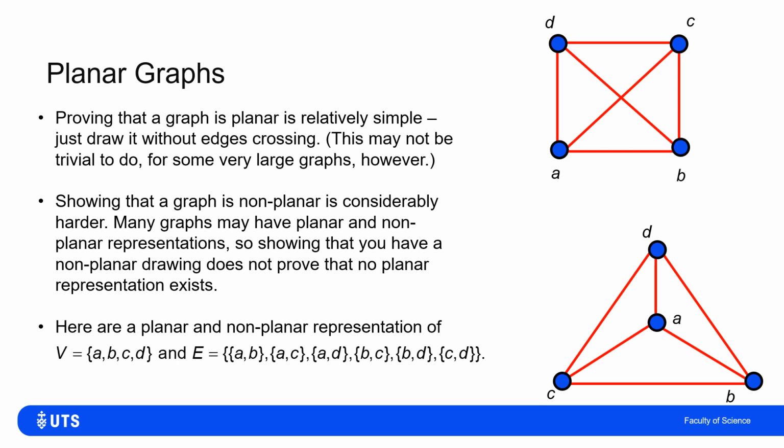And you can see I've got this other form, and that's still the same 4 nodes, the same 6 edges, but now it's a planar graph. So again, showing that I have a non-planar form doesn't prove that the graph is not planar. It just proves that I haven't drawn it in a planar way.